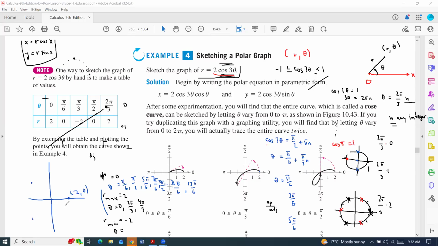Okay, so what happens now, the way the graph goes is somehow like that. So what's happening here?